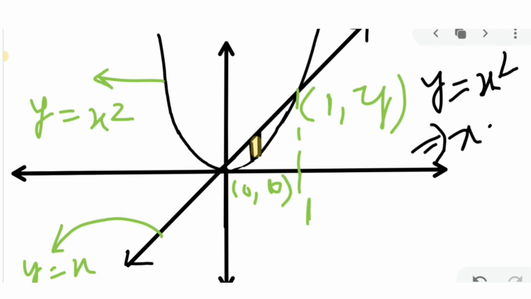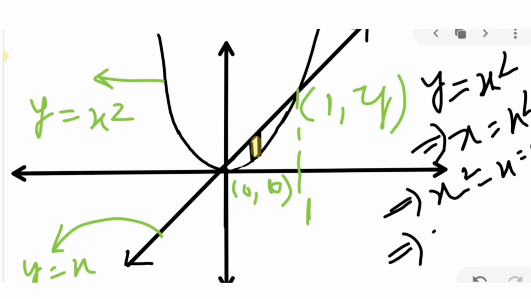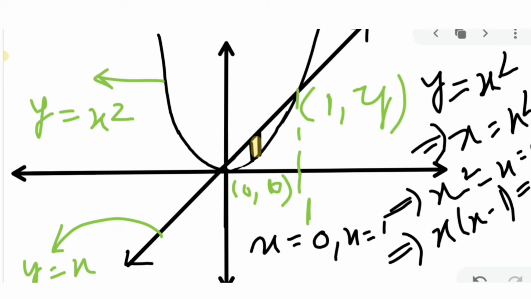So x equals x square, x square minus x equals 0, and then x times (x minus 1) equals 0. From this we get the value as x equals 0 and x equals 1, right?